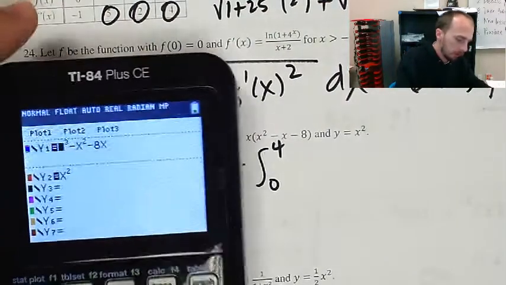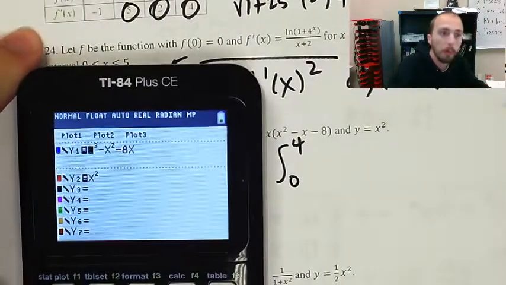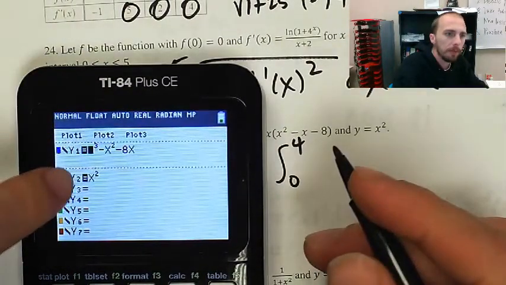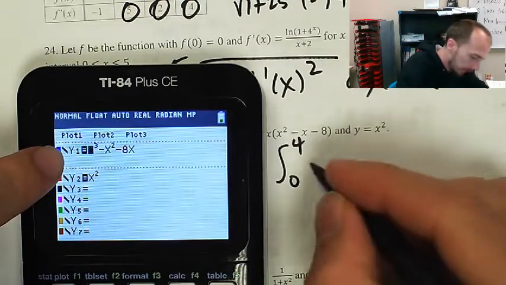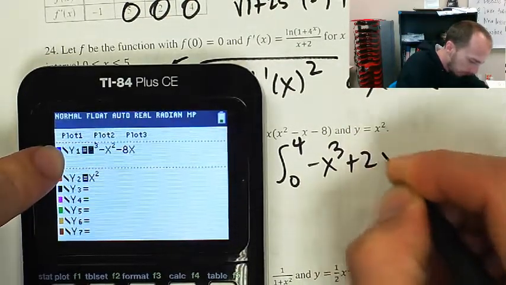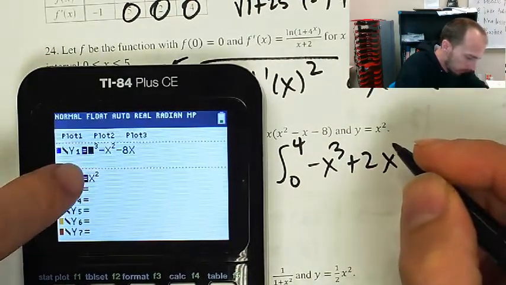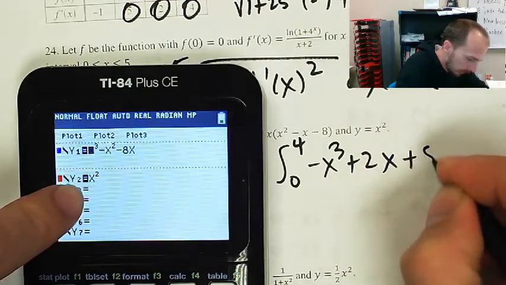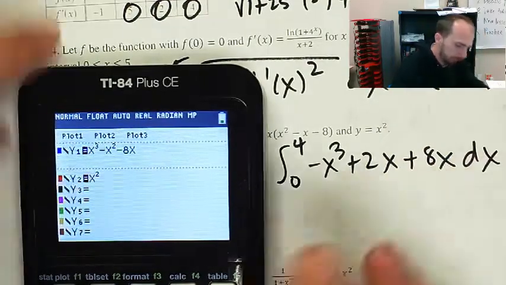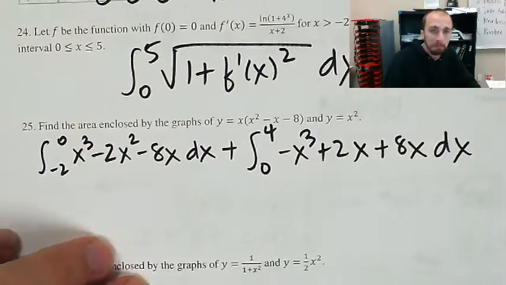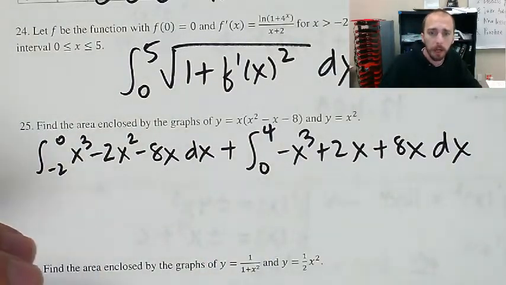Okay, if I took really y2 minus y1, right, I would have negative x to the third plus 2x squared plus 8x. Which should be, if you do it right, the opposite of the other one. We can run that through the calculator.